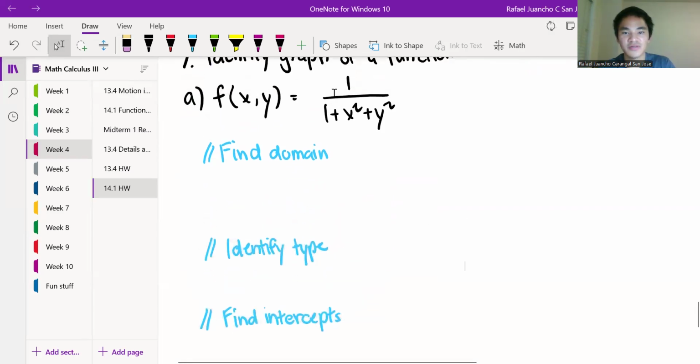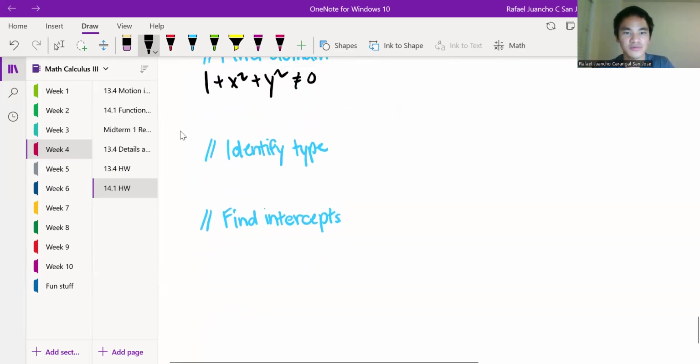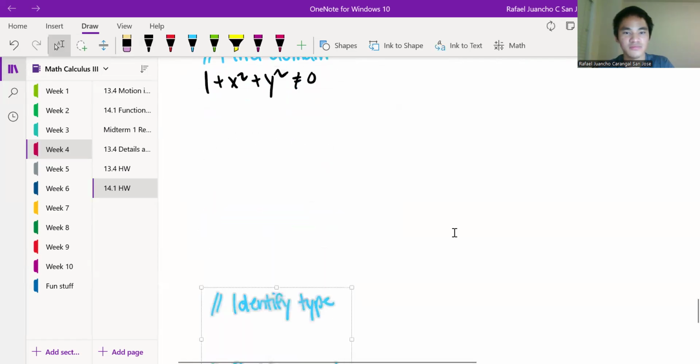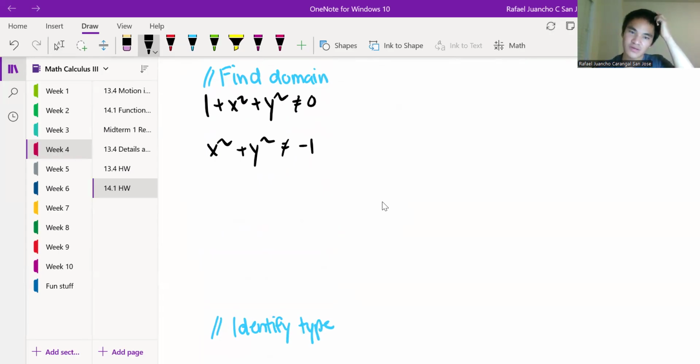Okay, so to find the domain of this thing, my only restriction is that my denominator should not be 0. That's it. So I'm saying that this thing should not be 0. And so, let me put this a bit down. I guess what I can say here is that this thing should not be equal to -1, right?